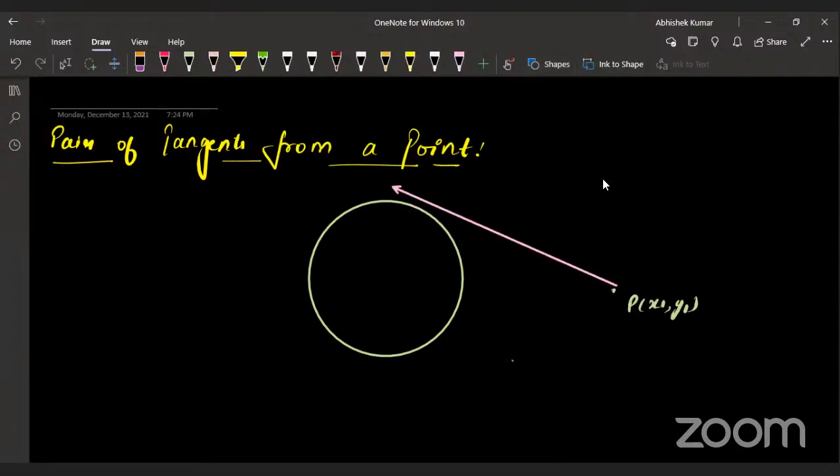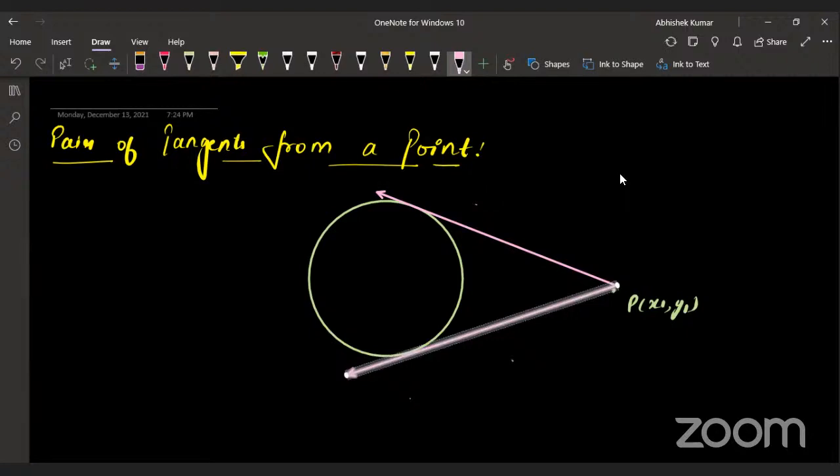Let's say one tangent is here and another tangent is here. Right? We want to find out the combined equation of both. Clear? Not the equation of individual tangents, which we already know, y is equal to mx plus minus a root 1 plus m square, or we also know the point form. We want to find out the combined equation.